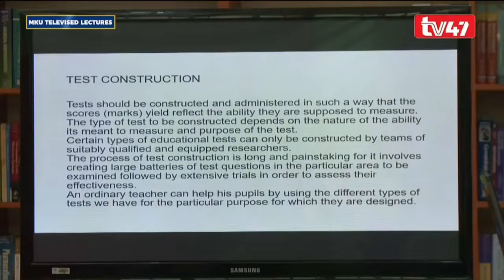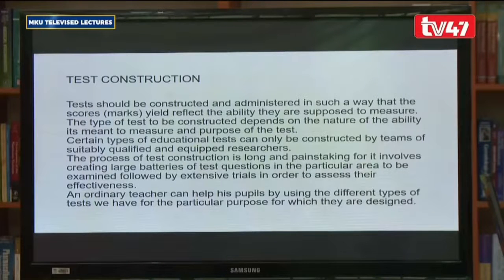Now, tests should be constructed and administered in such a way that the marking or the scoring can reflect the ability of the learners that they are testing. They are supposed to test what they are expected to test. They are expected to elicit information from the learner that is consistent with what they are expected to measure.